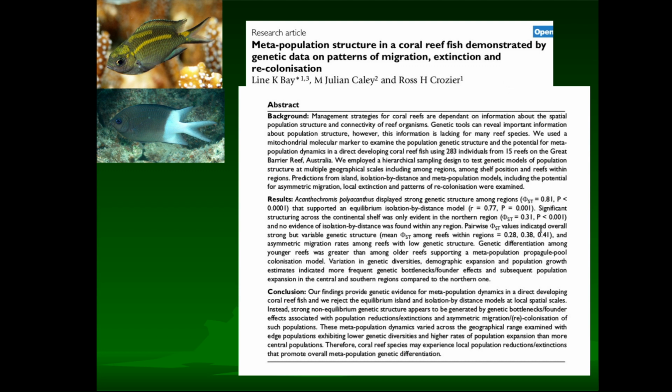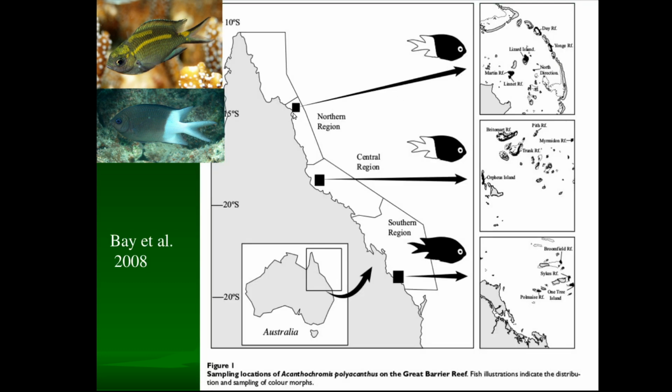And in this example of the Great Barrier Reef in Australia, researchers used a mitochondrial genetic marker to show that populations were genetically different in three regions, north, central, and southern, with a different color pattern in the southern region. And that difference was explained by geographic distance separating them.